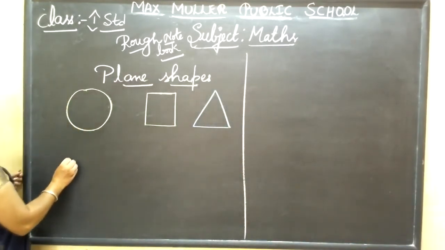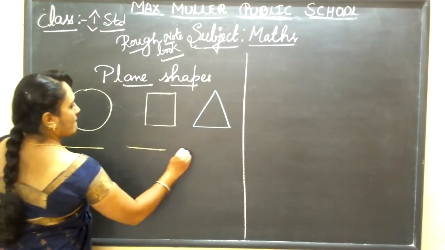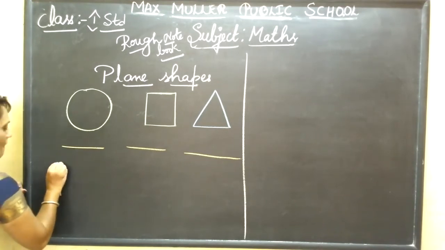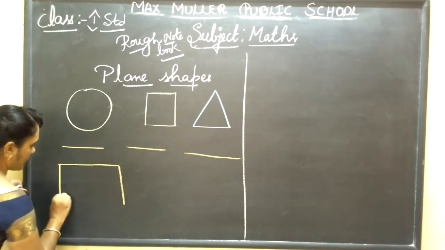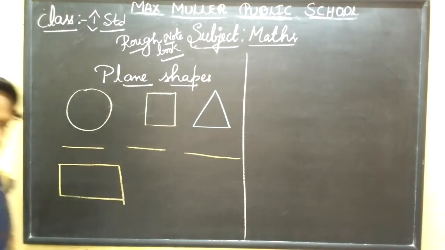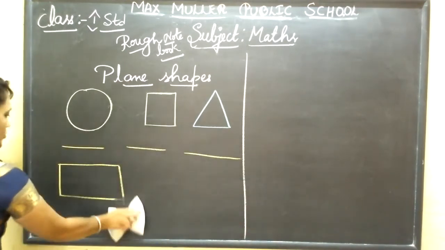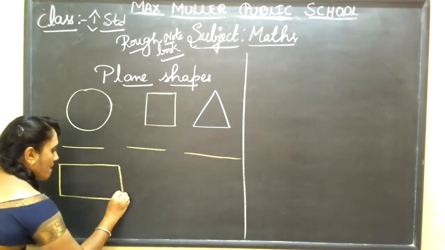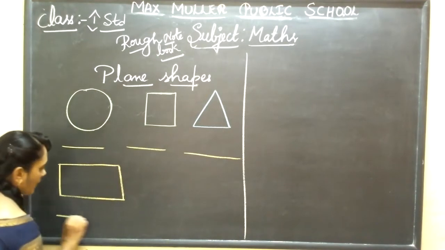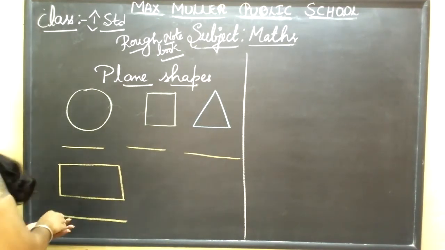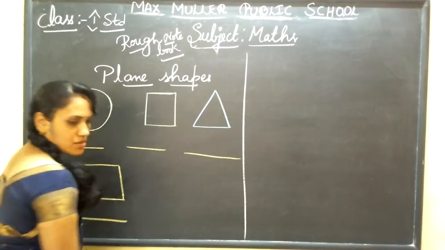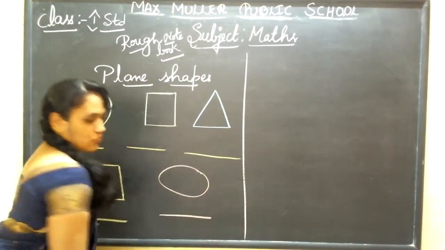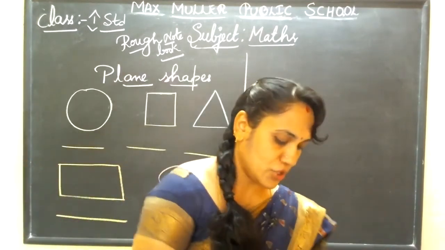Then what is the shape name? Rectangle. You scale and draw neatly. This oval. Oval. So what you should do?